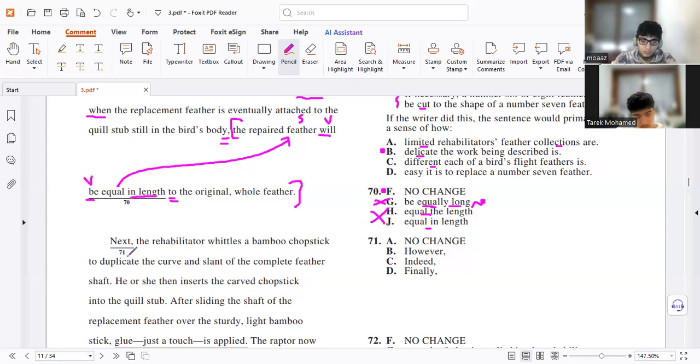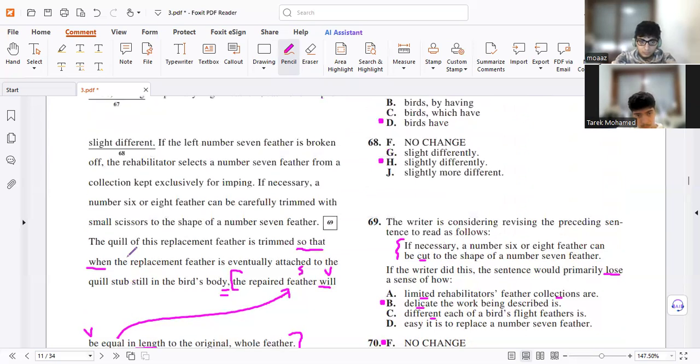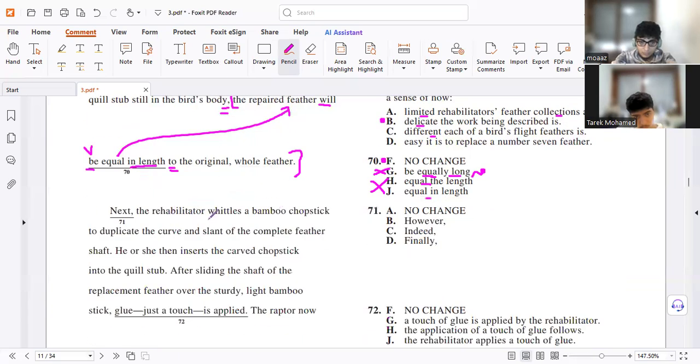And why didn't it check next? Because we have steps. Imagine, when you find next, check that we are talking about the sequence of action, like first, second, next, finally. If you found information of instruction or steps, you can find it. Here the goal of this replacement feather is trimmed, and then it's gone to rehabilitator, whittles a bamboo chopsticks too, and then he or she then inserts. So to check the order, you must read before and after. So when you find then, it's about the order of action sequence. So you must choose A.